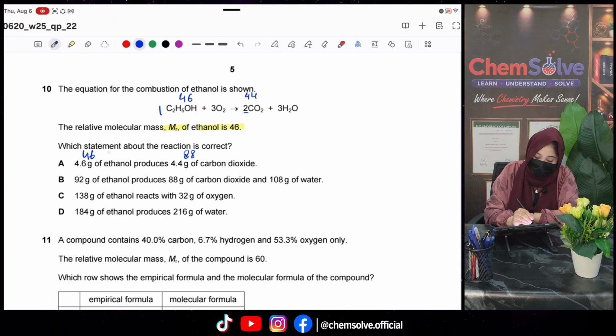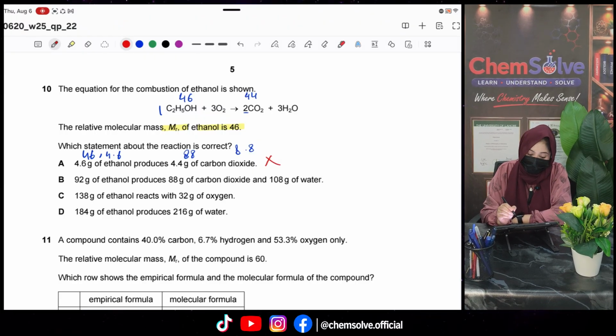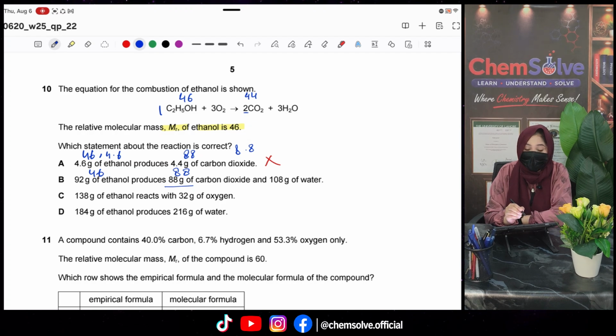If we make a ratio between them, then 4.6 will produce 8.8 grams of carbon dioxide. So, of course, this is the wrong option. Next, 92 grams of ethanol produces 88 grams of carbon dioxide. We just compared that if we need 88 grams of carbon dioxide, then the ethanol is 46, because they have the ratio 1:2. So this is again the wrong option.